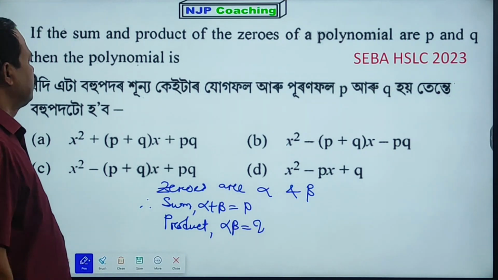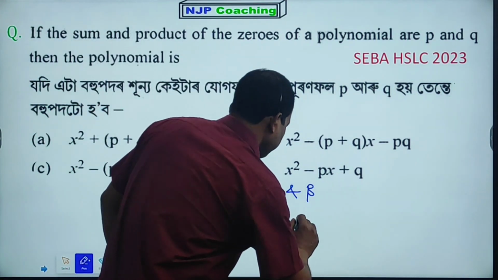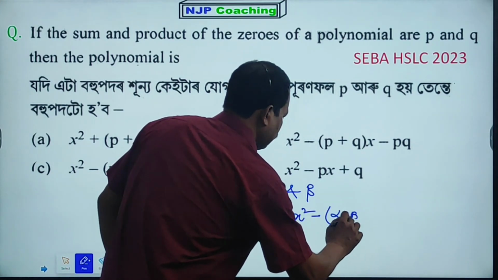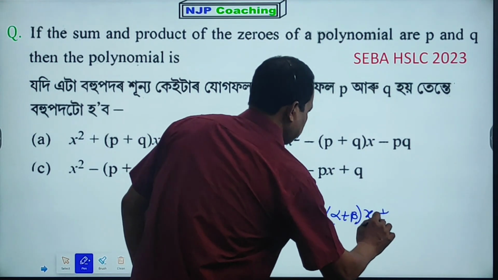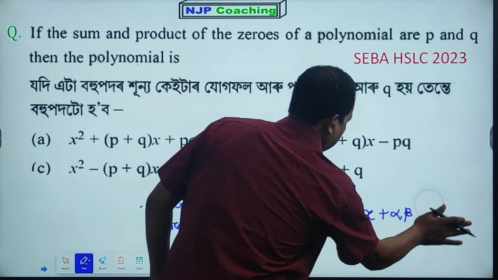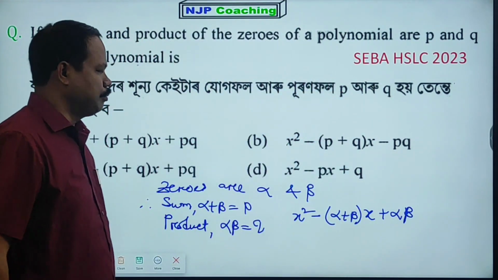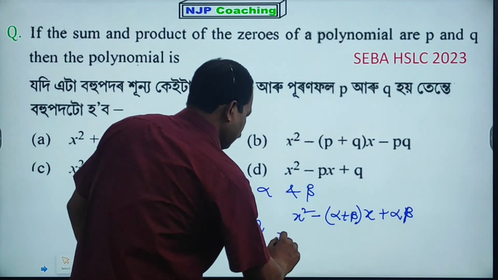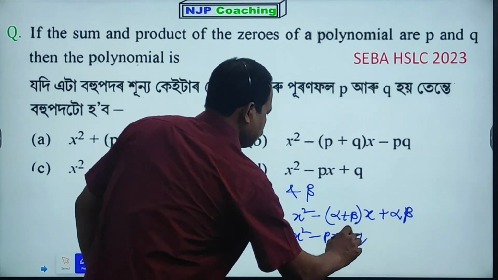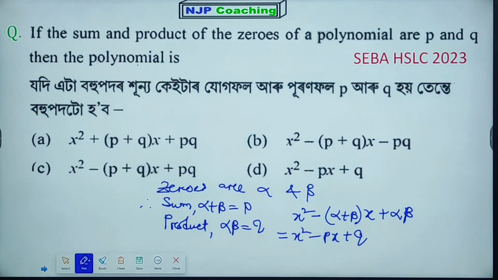So what is the polynomial? Polynomial will be x square minus alpha plus beta into x plus alpha beta. Okay, this is the polynomial. So what is the polynomial? X square minus px plus q.